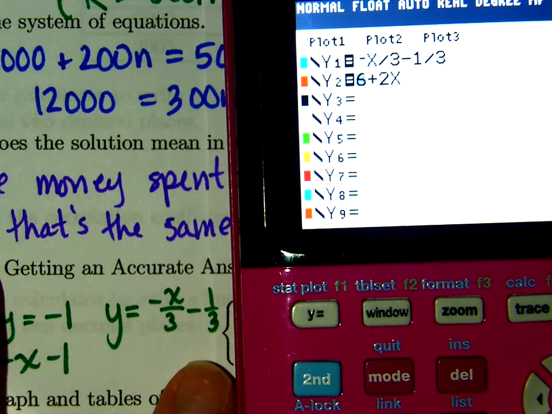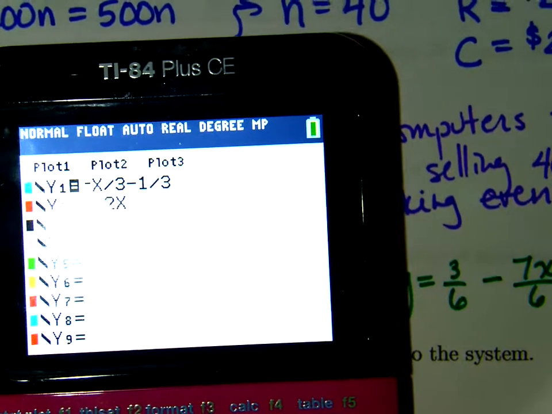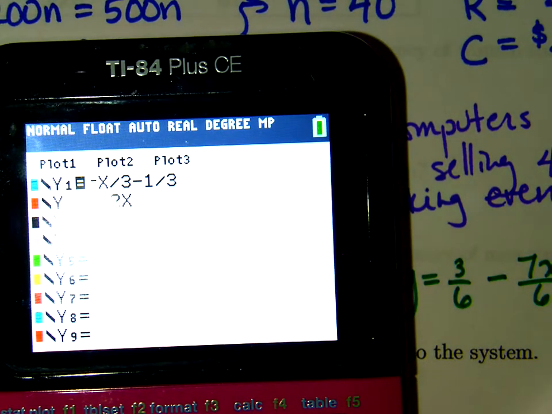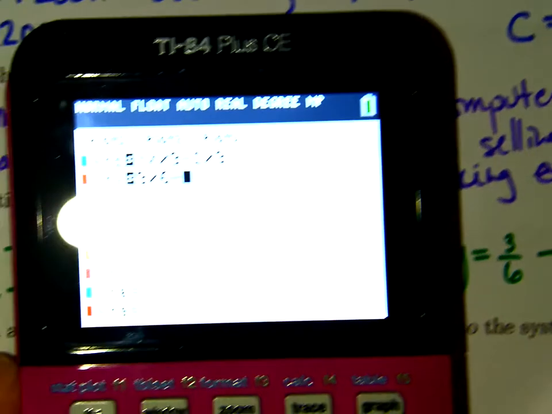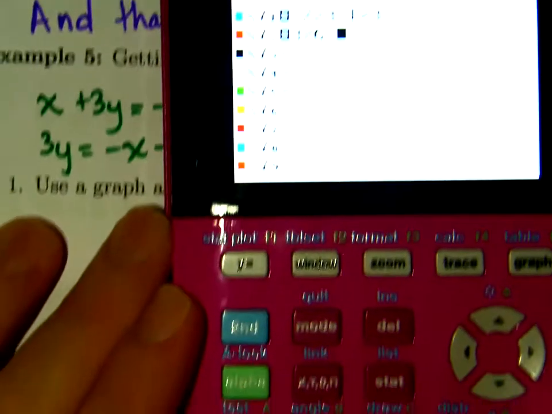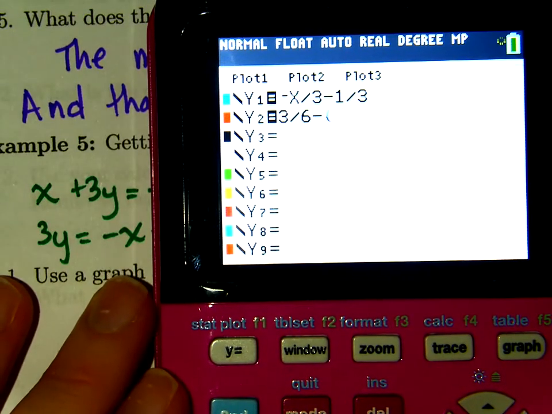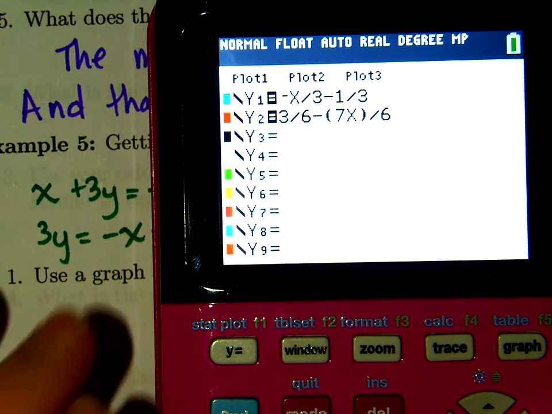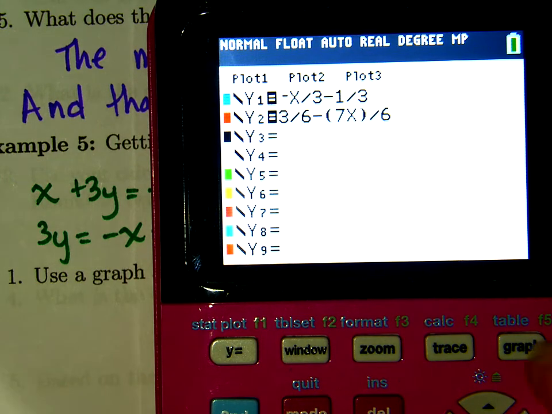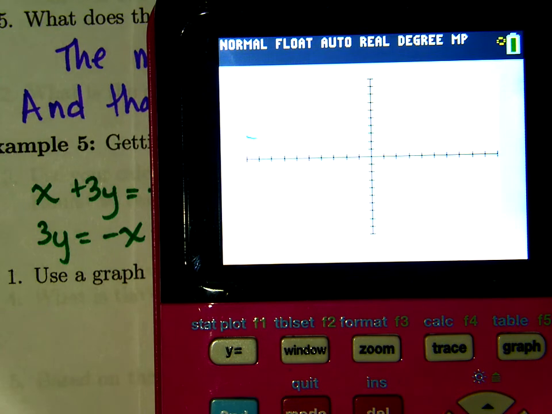And then the second one was 3/6 minus 7x, and that numerator needs to be glued together, that whole thing scaled down by 6. Now I'm going to go to zoom, down to standard, enter, and it's going to graph.